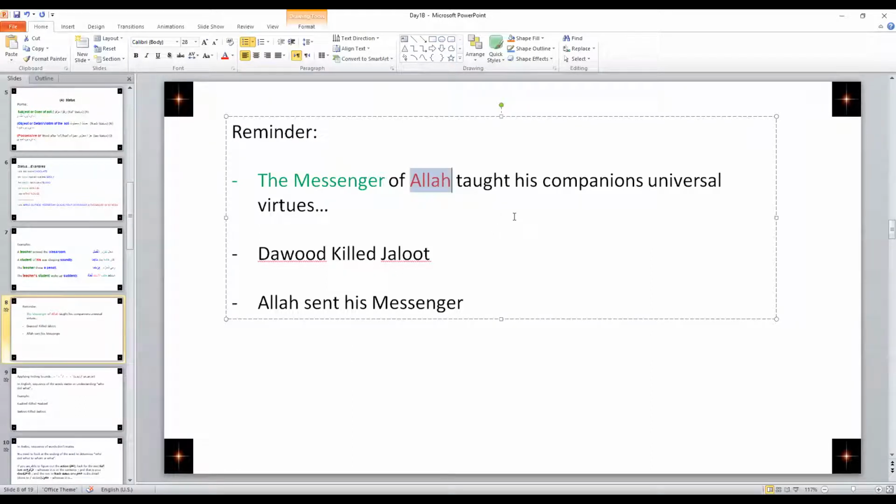Now, what did he teach and who did he teach? So the messenger of Allah did certain things. He did something, that is the act of teaching. Who did he teach?